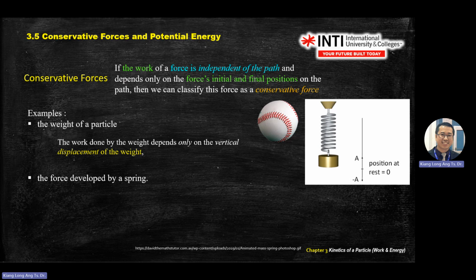And we can classify this one as conservative forces, like just now the W of the boy sliding down. It doesn't care what the shape of the slide is, it only cares about the initial and final positions. This is W. For example, weight, you only look at the final and initial position.